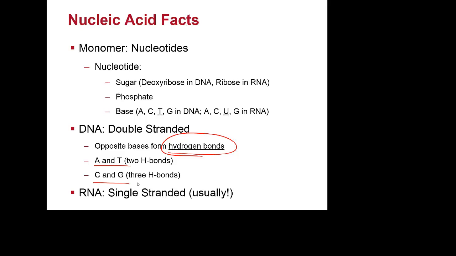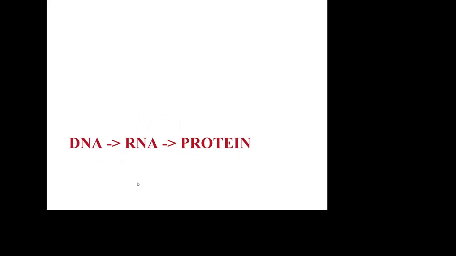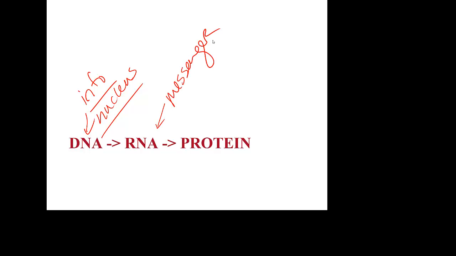RNA is single-stranded most of the time. But what we have to think about is the interaction between these two. DNA is your information unit stored in your nucleus, and it never leaves the nucleus. RNA is more like the messenger or the worker. We're going to look at it as picking up information from your DNA.